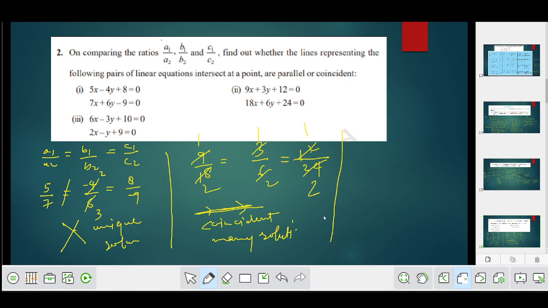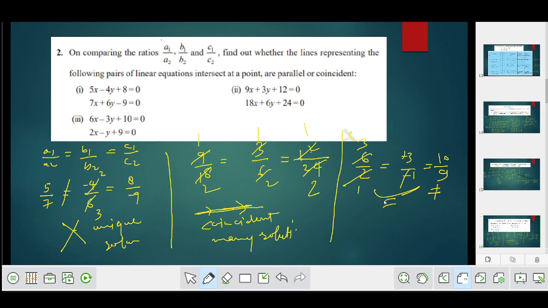Now in the third part. 6 by 2, minus 3 by minus 1, 10 upon 9. 2 1s are 2, 2 3s are 6, and minus 3 by 1. These are equal, but this is not equal.